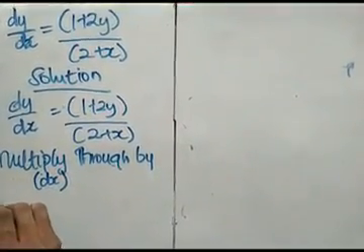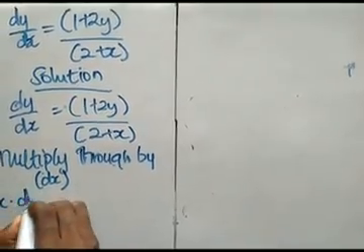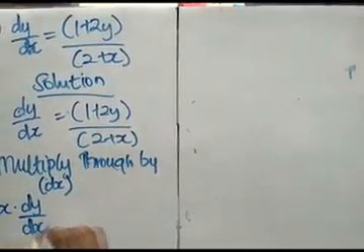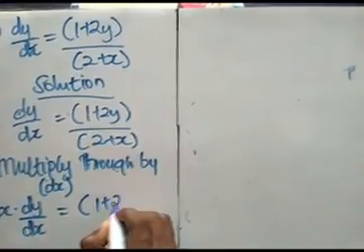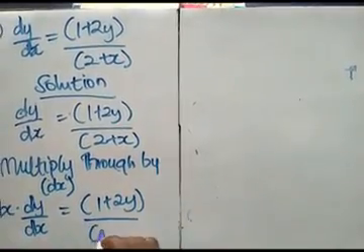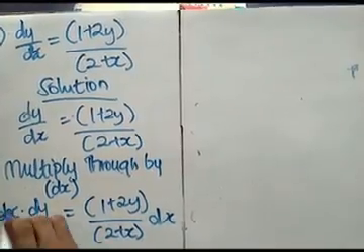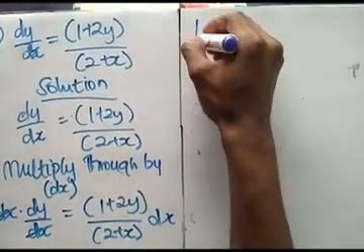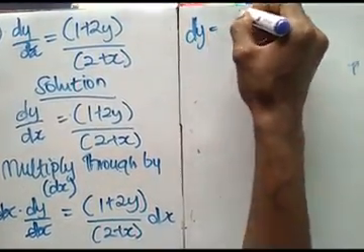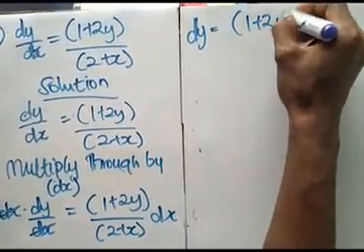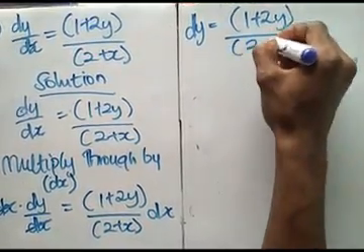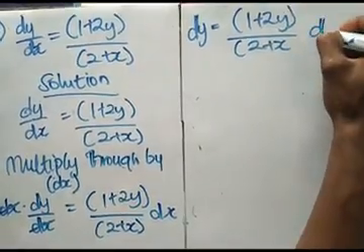So it will be dx times dy over dx equals (1 plus 2y) over (2 plus x) dx. The dx cancels out, so we have dy equals (1 plus 2y) over (2 plus x) dx.